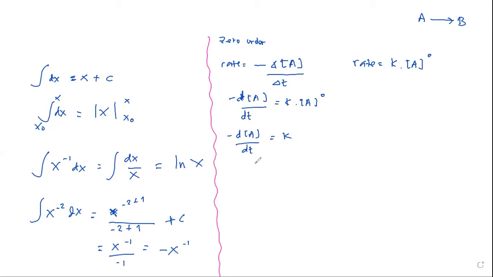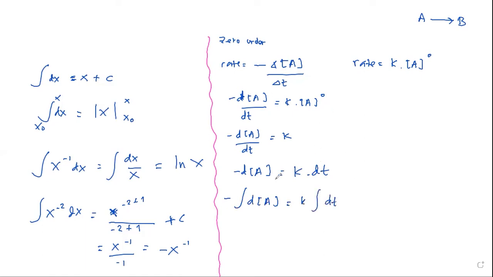And then we can move the dt to the other side, because we cannot integrate this as it is. So we should move this to k dt. Next we can integrate: negative integral of d[A] equals k integral of dt.